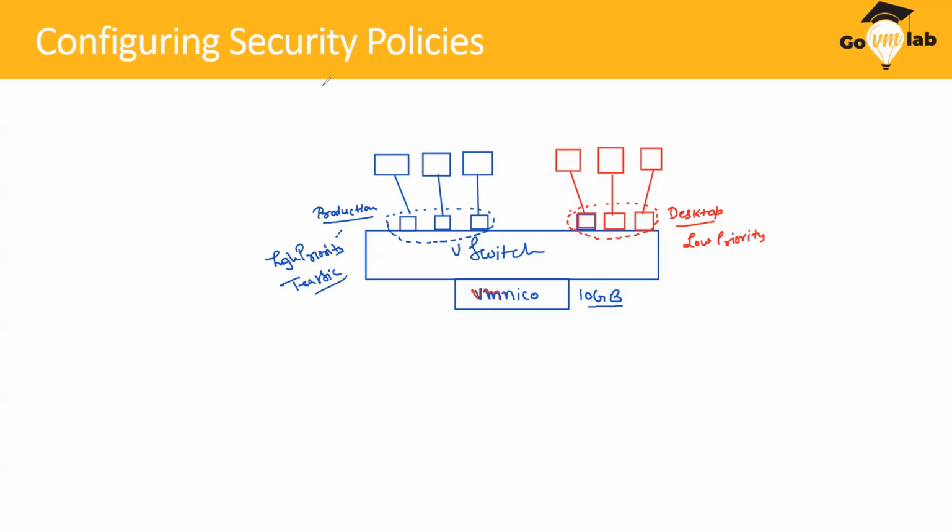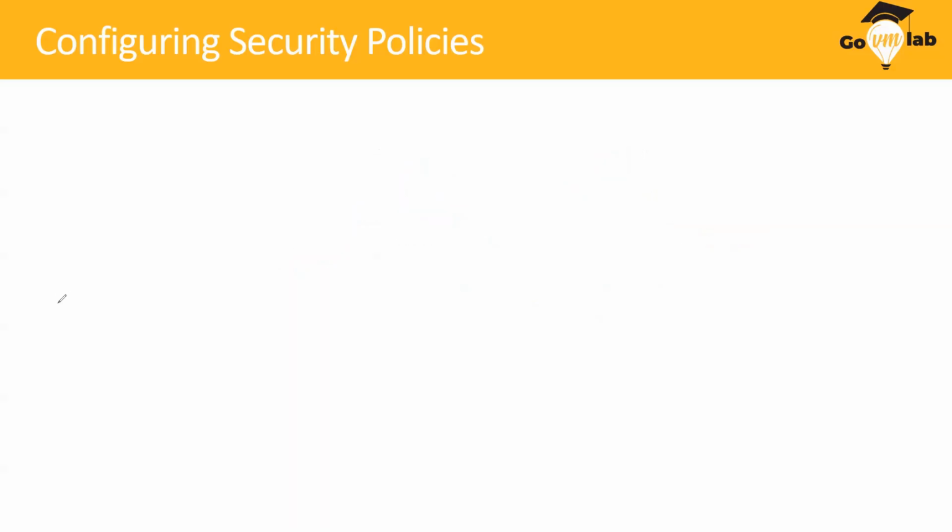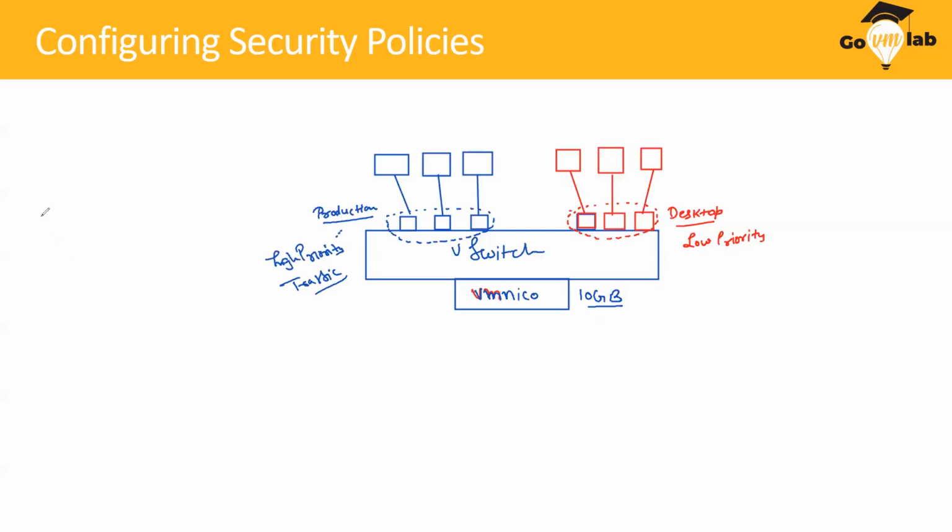So now let's assume what happens by default when you never talk about traffic shaping policies. In that case, what happens? VMware has a very simple thumb rule, and that thumb rule says that for me as the VMkernel, all the VMs are equal priority by default.